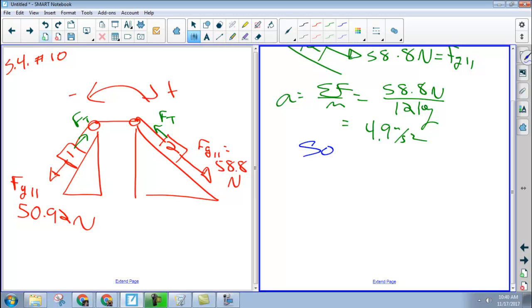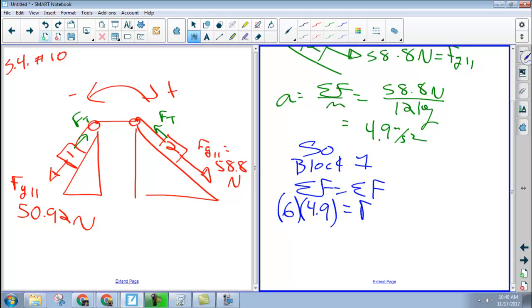So for block 1, we can do net force equals net force. My mass is 6 kilograms. Guys in back, please. The acceleration is 4.9. That's got to equal the force of Roy minus FG parallel.